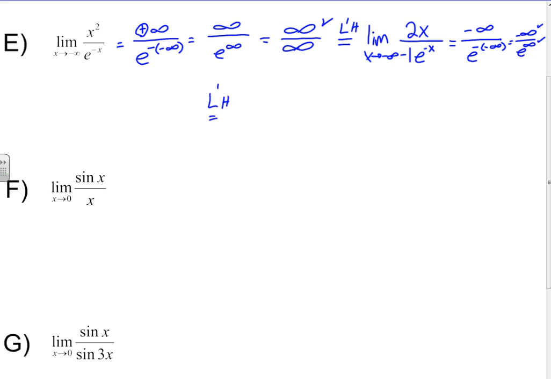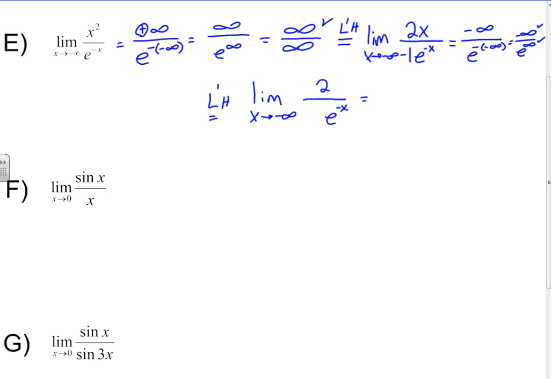So the next L'Hopital will be limit as x heads to negative infinity. The derivative of the top is 2. Derivative of the bottom would be e to the negative x. And then the negative will come down, making this a positive 1 by chain rule. So this will turn out to be looking just like that.